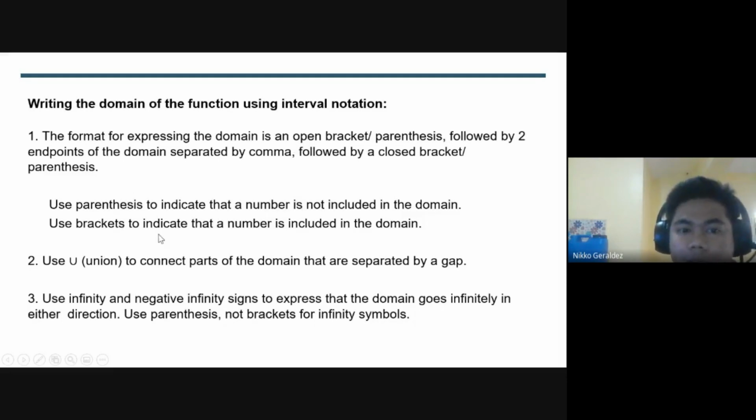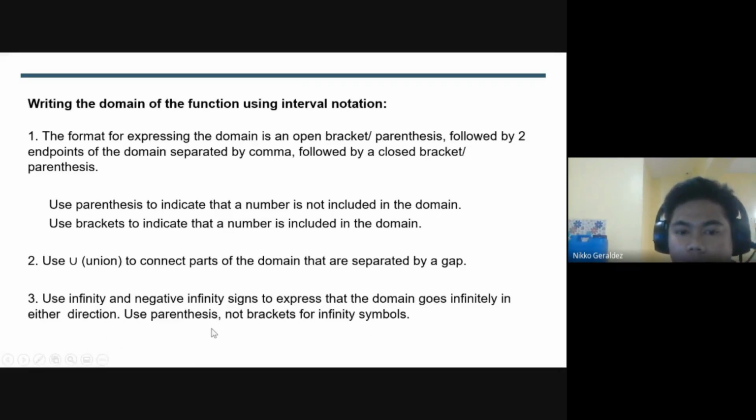Use bracket to indicate that a number is included. Kasali, so bracket. Then use U or union to connect parts of the domain that are separated by a gap. Then third rule, use infinity and negative infinity to express that the domain goes infinitely in either direction.